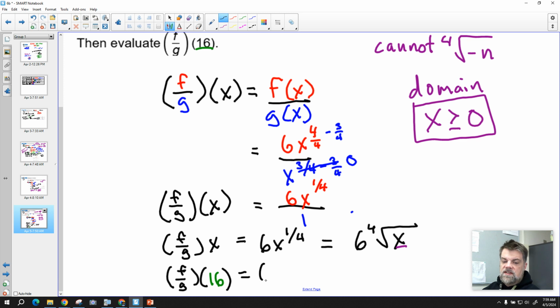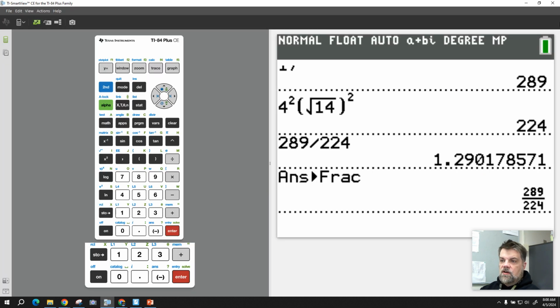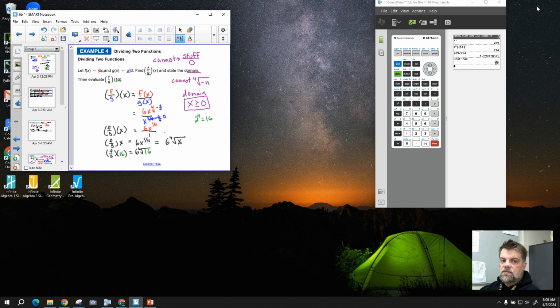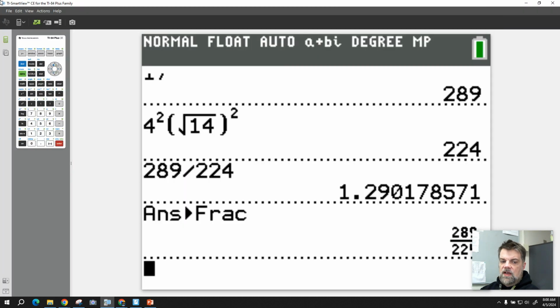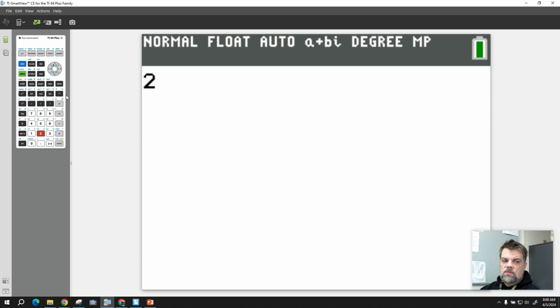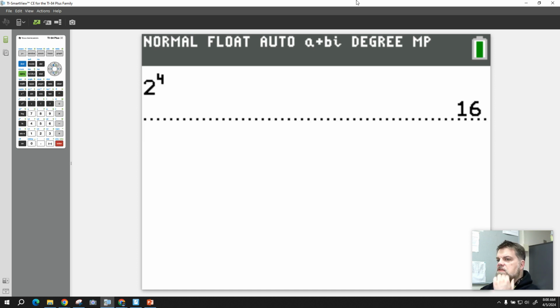So then I'm going to say 6 fourth root of 16. And I'm pretty sure that 2 to the 4th power is equal to 16. How do I verify that? Handy dandy calculator. I'm going to say 2 raised to the 4th power, yep, it equals 16.